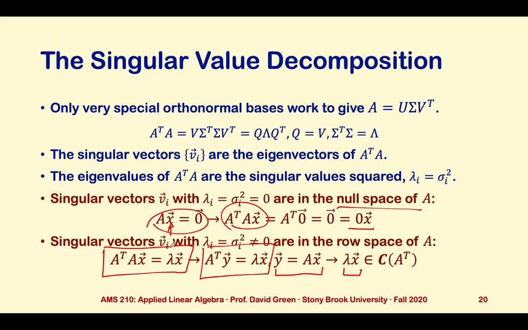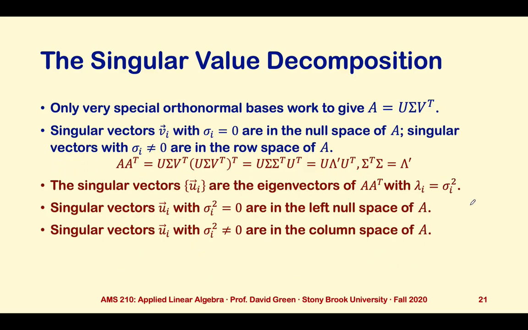The singular vectors that satisfy this non-zero eigenvalue are in the row space of A. It's kind of interesting. Now, not only have we found a way to compute singular values and singular vectors by doing an eigenvalue decomposition of A transpose A, we can relate the answers to the null space and row space of the original matrix A. Okay.